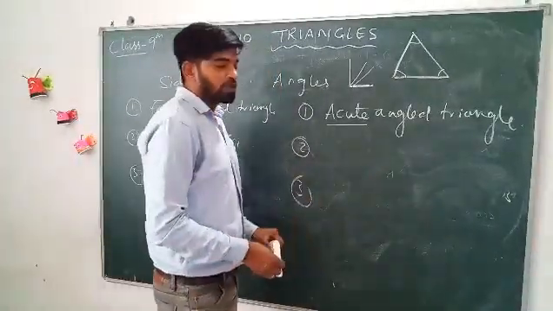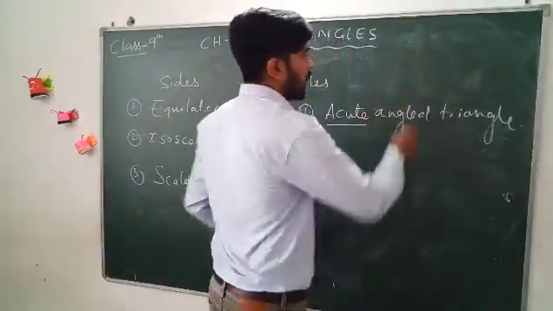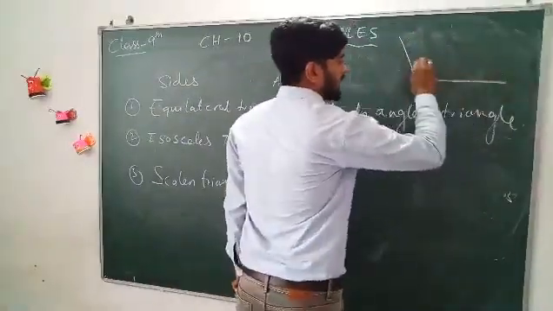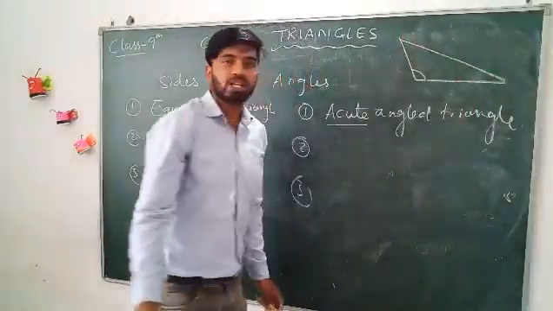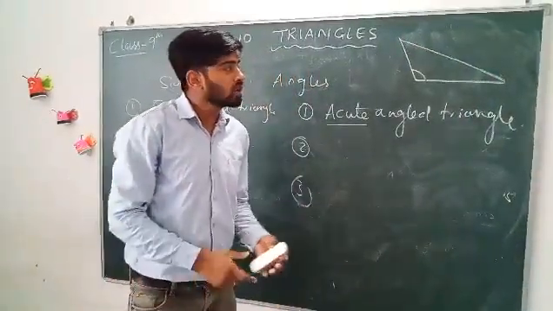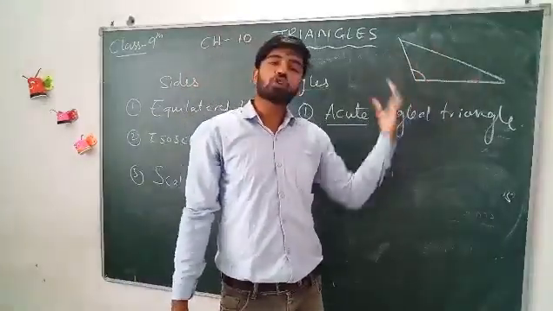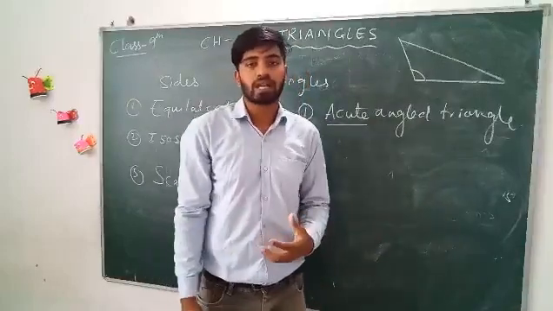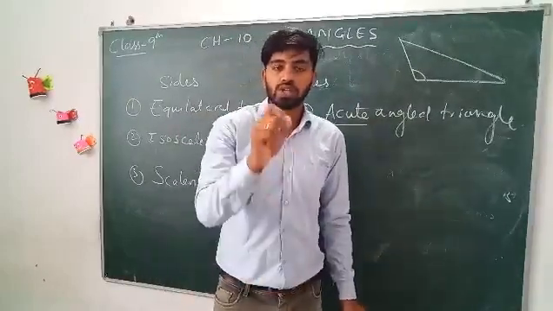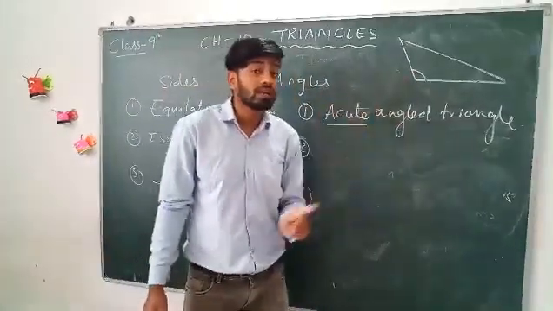Second one is the obtuse angle triangle. In an obtuse angle triangle, one angle should be more than 90, if you see this. And the other two angles are automatically going to be less than 90. You need to keep in mind that only one angle is obtuse.